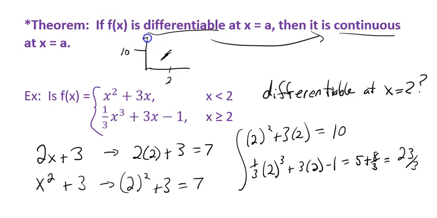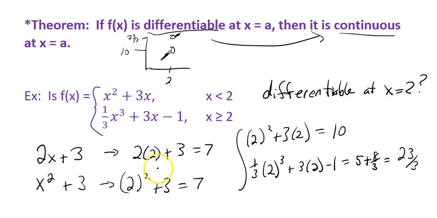Then on the other side it hits a y value of 23/3, but it also has a slope of 7. So it's a jump in the graph, and had I realized that to begin with, we wouldn't have done the differentiability. So this has a jump at 2, and therefore it's not continuous, and therefore it's not differentiable. We wouldn't have had to do this work.